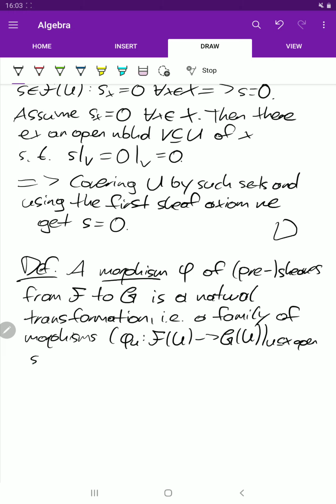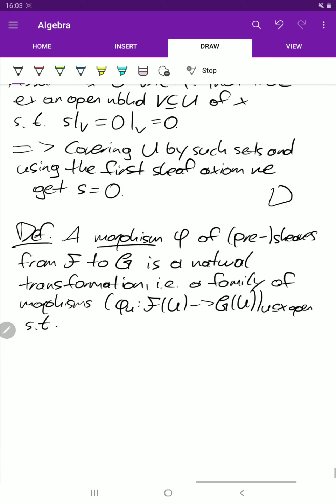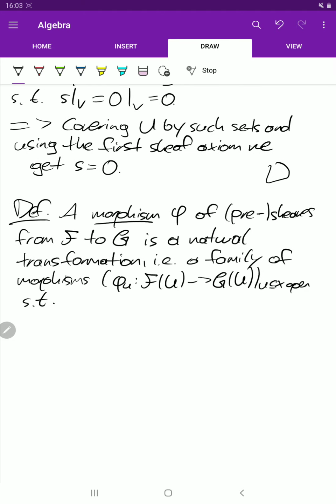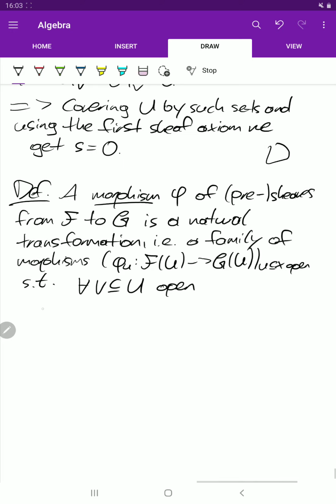And we have some further condition, namely we want that for all inclusions of open sets V in U we get the following commutative diagram, namely we have F of U goes to G of U, so this is phi_U.